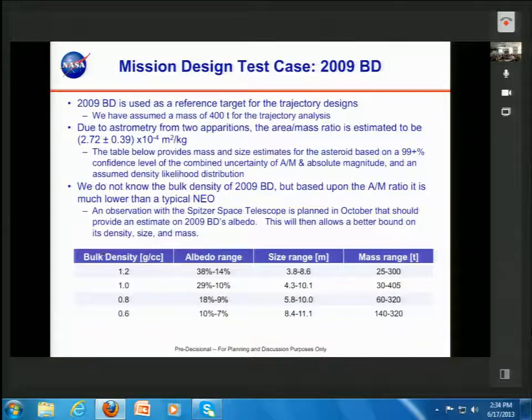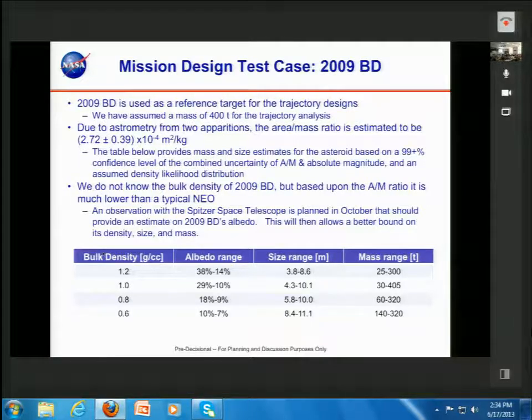And so now, in this table, if we assume an albedo range, so that's the percentage of visible light reflected. Something really high, around 40%, would be like a metallic asteroid. Above about 10% would be an S-type or stony asteroid, and below 10% would be a carbonaceous asteroid that would be dark.